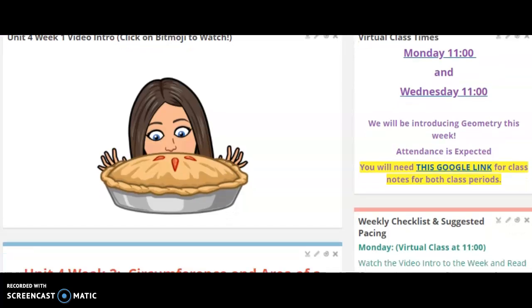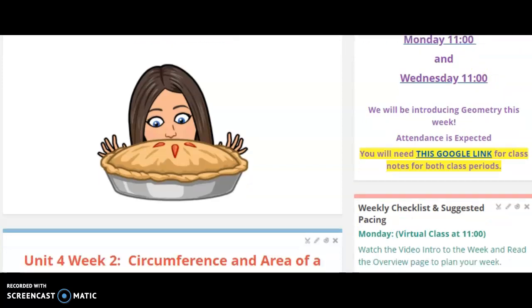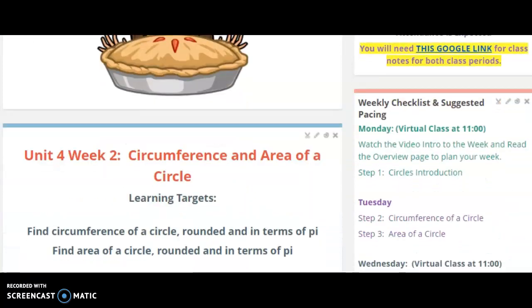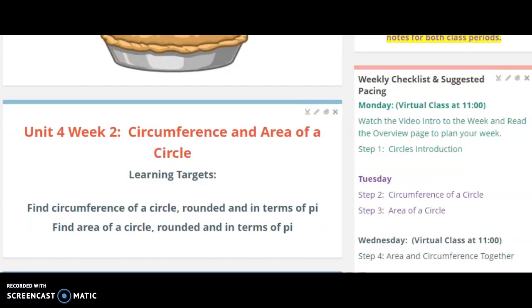On Wednesday, we will build on that and look at some more multi-step problems that are using the circles equations. So we will have two different lessons on those days, just so that you can plan and be aware of that. All right, our learning targets again are finding circumference of a circle and finding area of a circle.